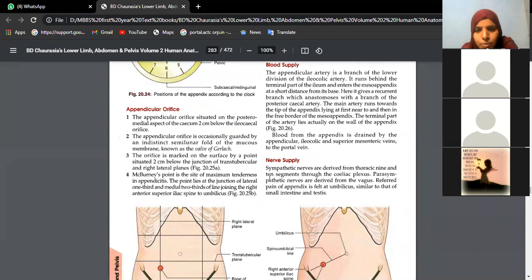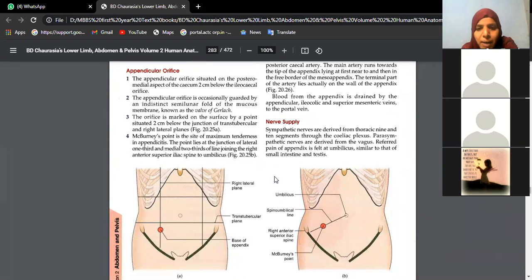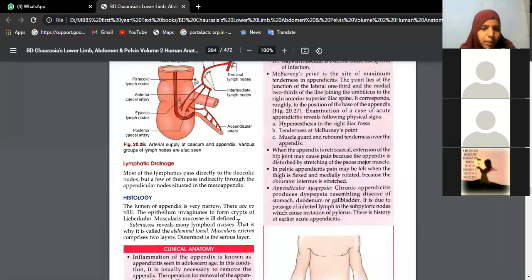Here we have sympathetic and parasympathetic. Parasympathetic is through the vagus. Sympathetic is coming from T9 and T10 through the celiac plexus. Lymphatic drainage is to the nearby lymph nodes, the ileocolic group.